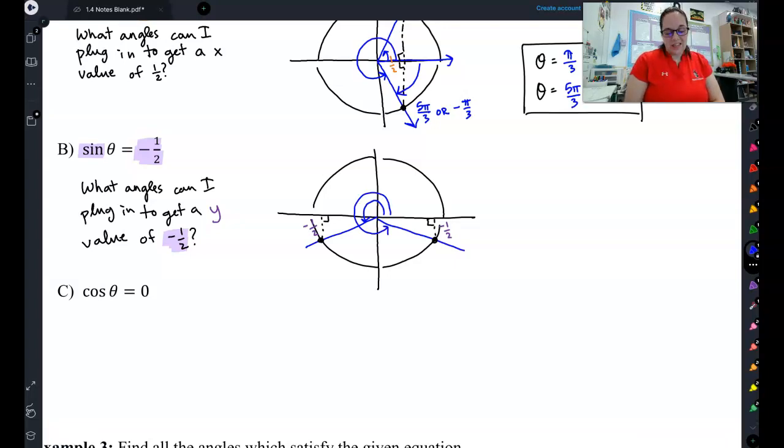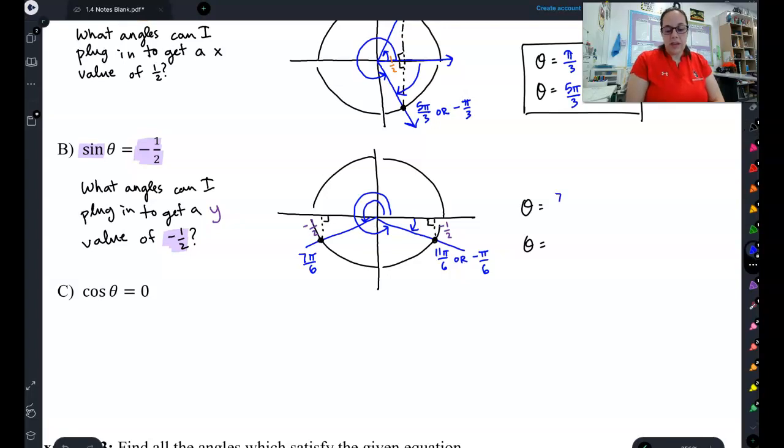So let's list them. This first angle is going to be 7 pi 6, and this second angle is 11 pi 6, or if you thought of going in the clockwise direction, that would be negative pi 6. Now, once again, I want all angles.